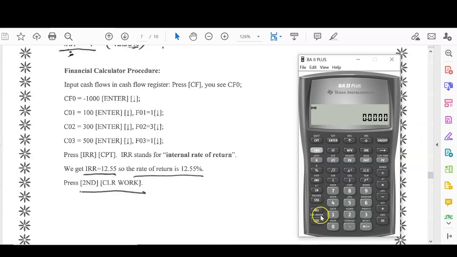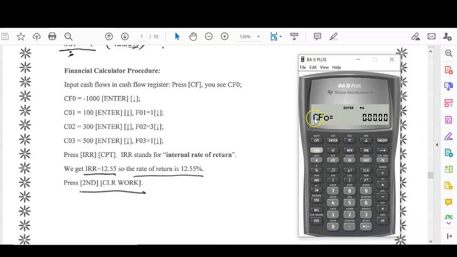Okay, you can see clear work is the delete sign, CE|C, here. So all the cash flows are now back to 0. Second clear work. Okay, so we have to press second clear work when we are in the cash flow function, so all your cash flow inputs are wiped out.